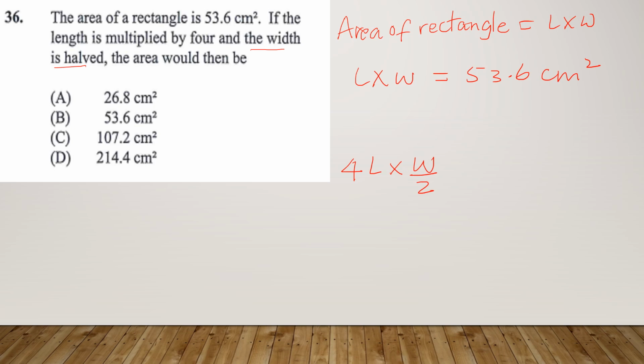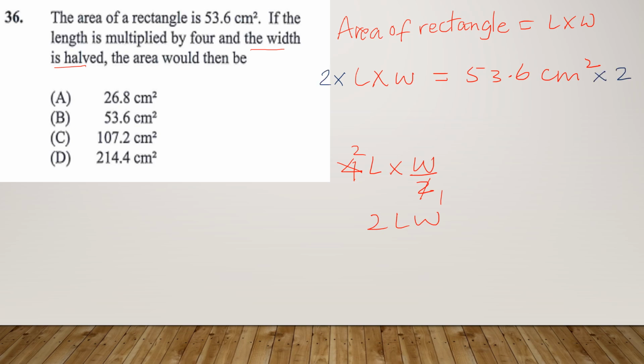So we can break this down, and we're going to get 2LW. Now when we look above, we see that we had L times W equals 53.6. So that's really multiplying it twice. So we multiply this now by 2. And whatever we do to one side of the equation, we have to do to the other side.